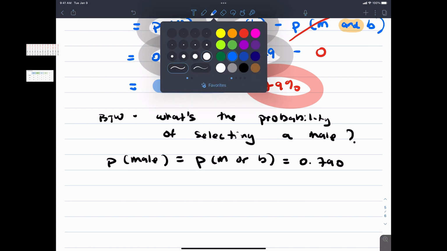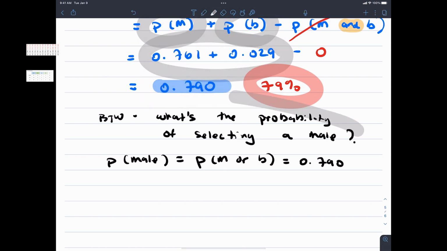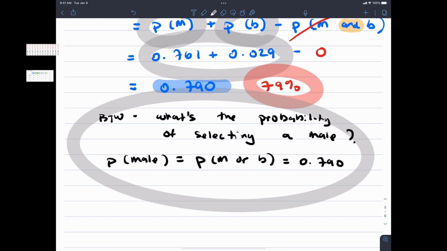So I just want to throw that out to you because sometimes you might even see that question. It's not just here in this class. You don't know where you'll be when they start asking you math questions, ladies and gentlemen. Believe me on that. They ask, what's the probability of being a male?